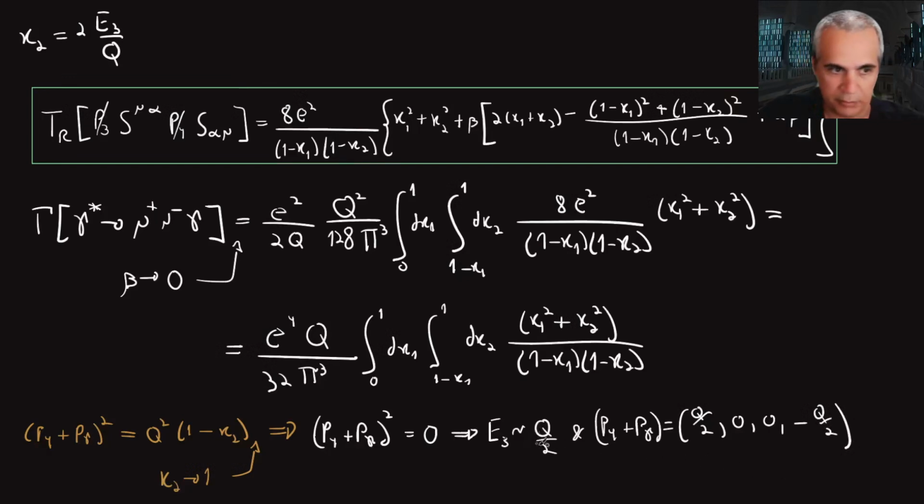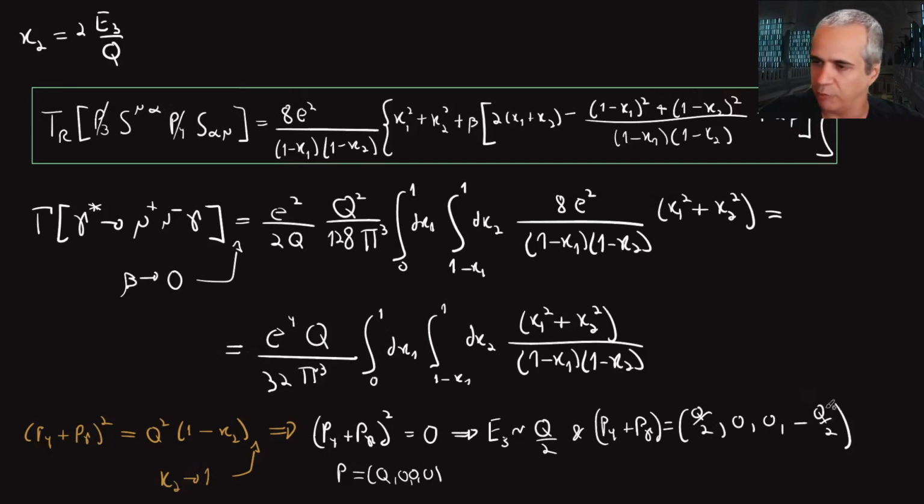Just because in the reference frame of P, gamma star, P is (Q, 0, 0, 0), right? That means if this energy of the other muon is Q over 2, the energy of this sum should be Q over 2, but it should be on the light cone because of this relation.